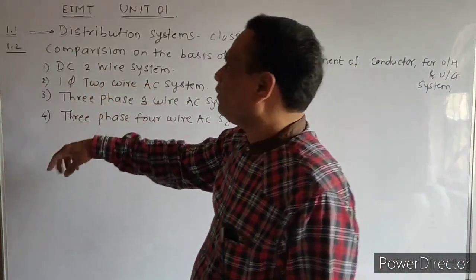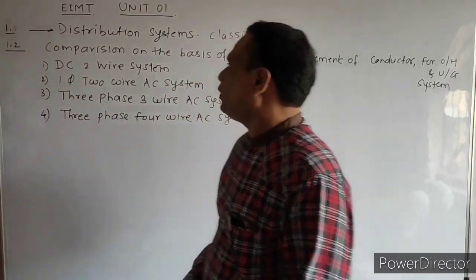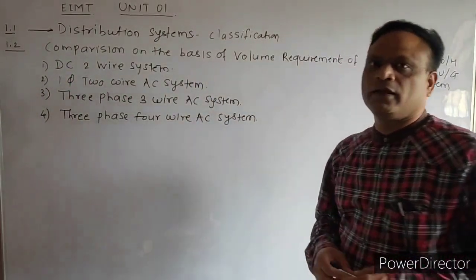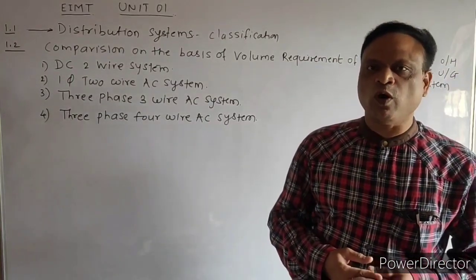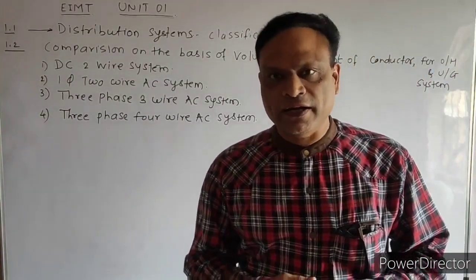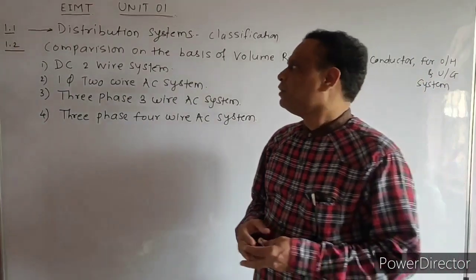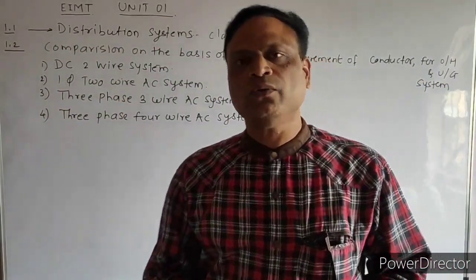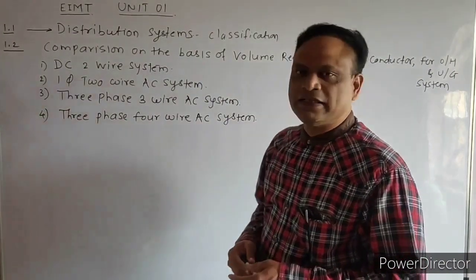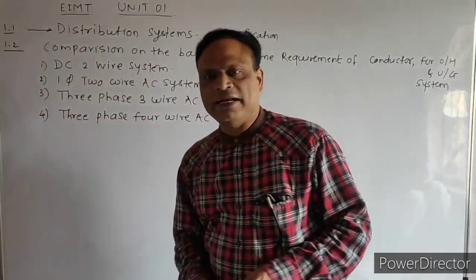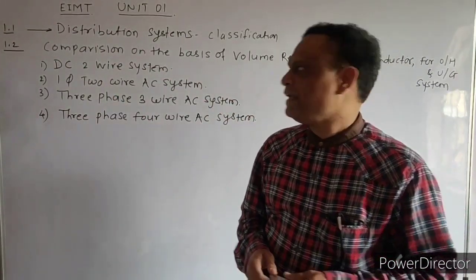Now our second point of unit 1 is we have to compare the underground and overhead systems on the basis of volume requirement of a conductor. So for that we are going to solve some derivations, and we will be considering these systems, say DC system and AC system.